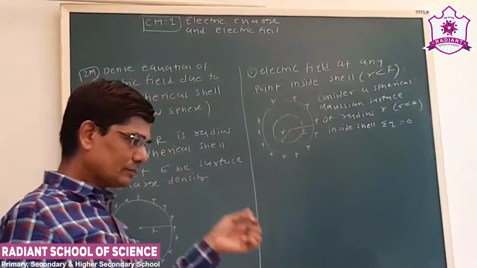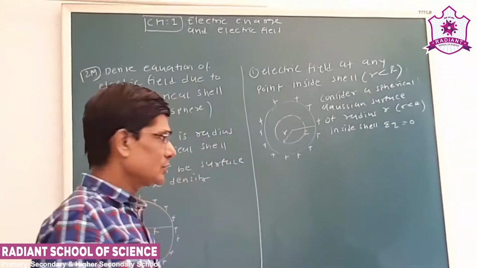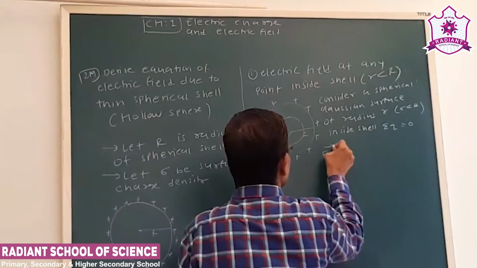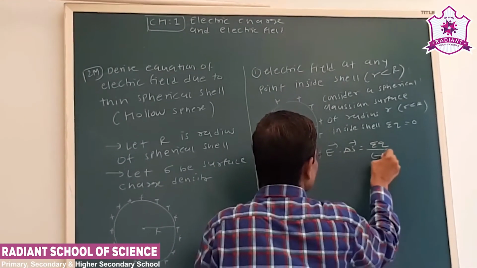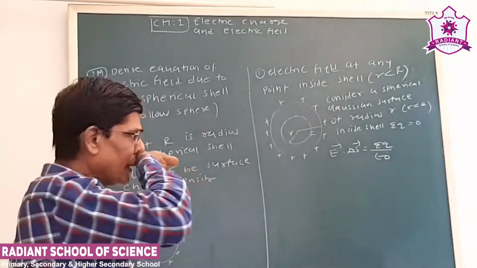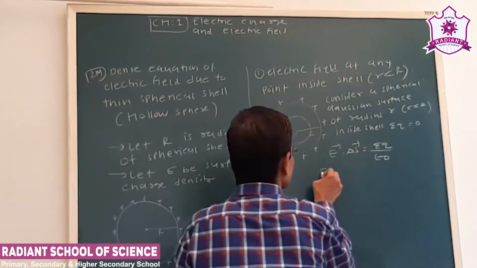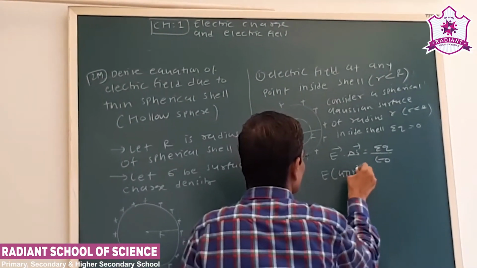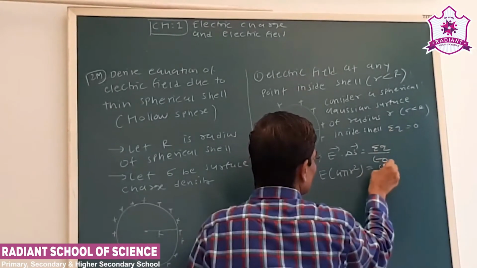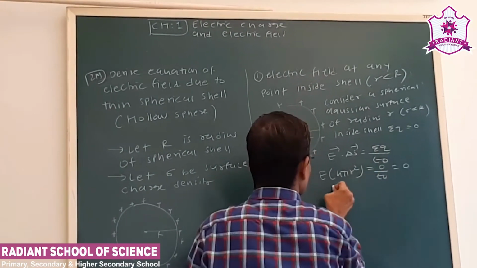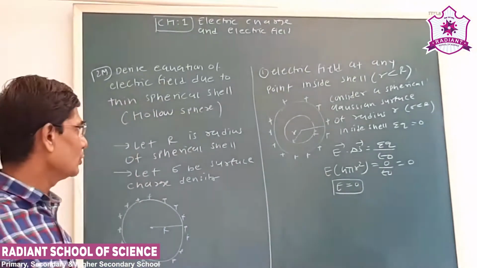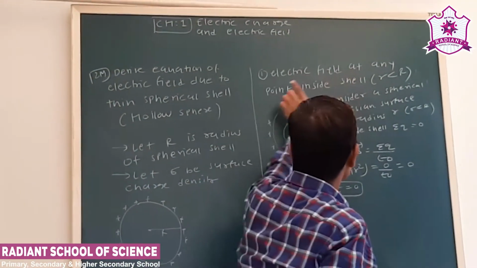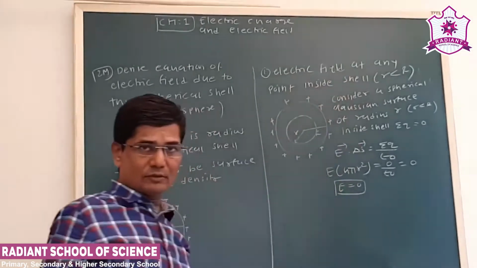Now by Gauss law, E dot delta S is equal to sigma q upon epsilon 0. Okay. Now delta S is the area but we know inside the shell there is no charge. So what we can see, E is equal to 0. So the electric field at any point inside the shell will be equal to 0.